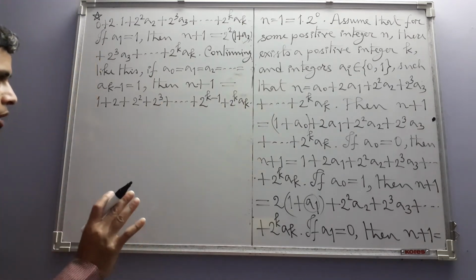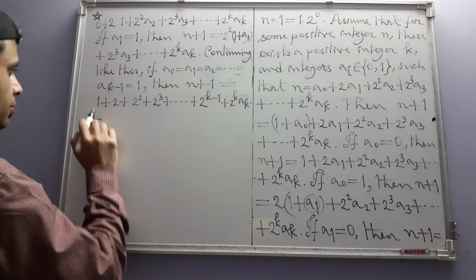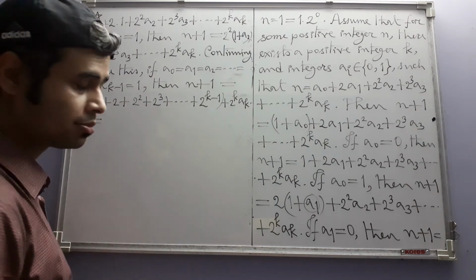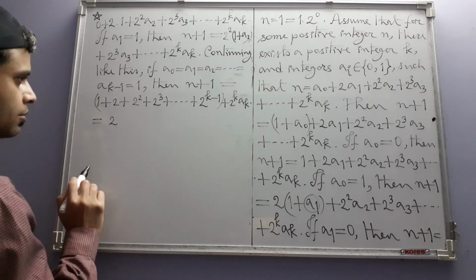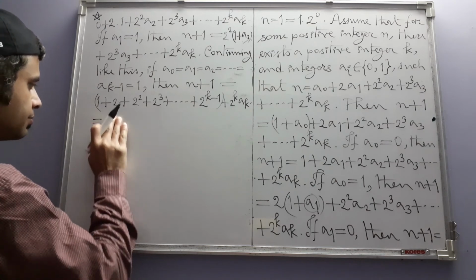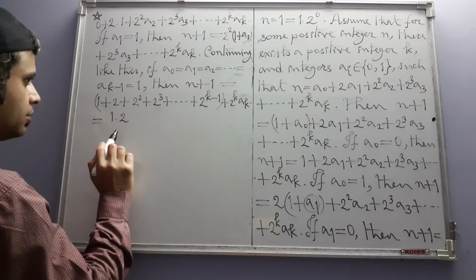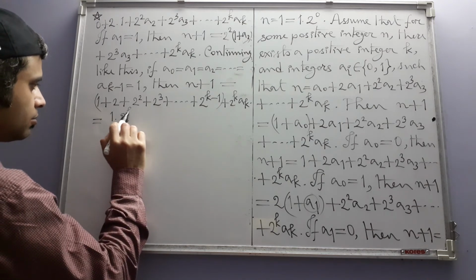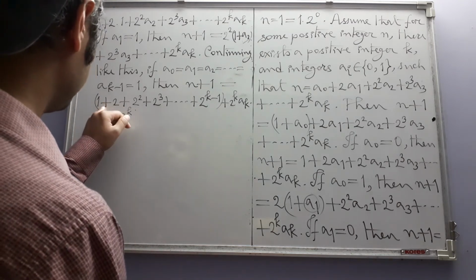We don't yet know what ak is, but this becomes what? We can apply the formula for the sum of this geometric series. So this will become 1 times 2 to the power number of terms plus 1. Is it k plus 1?